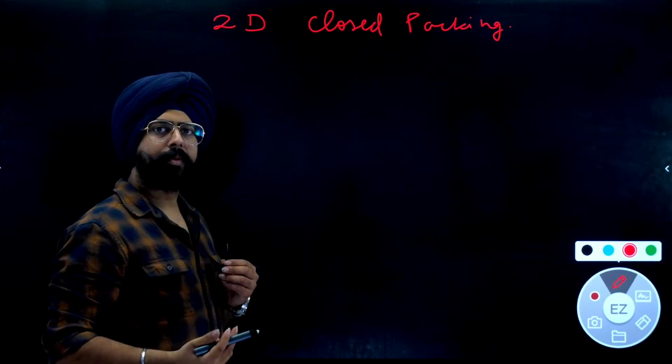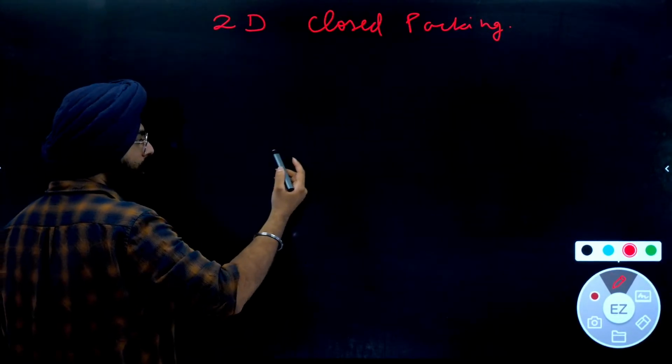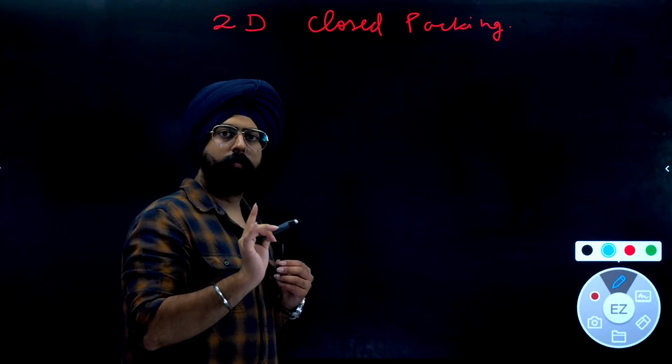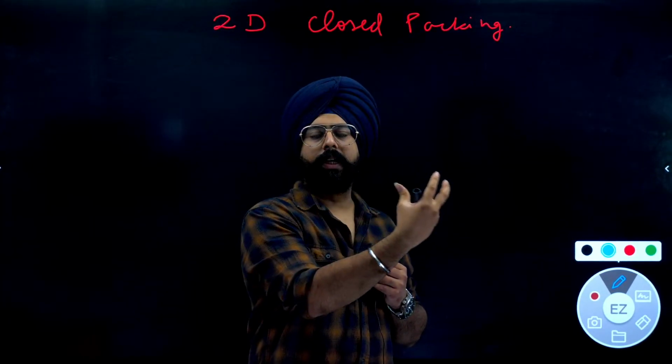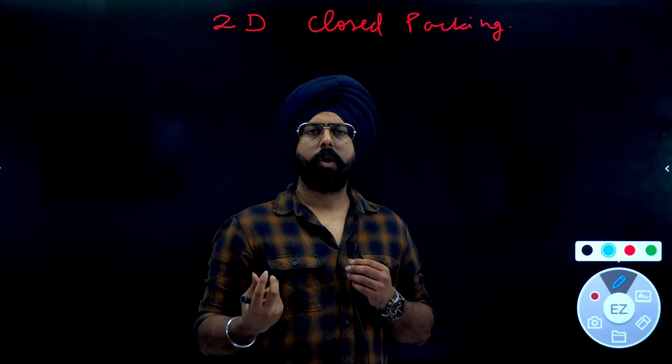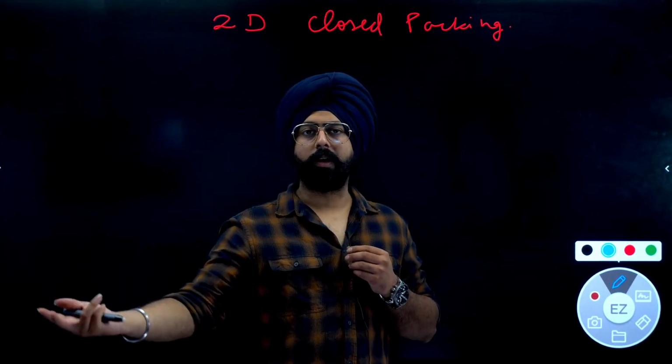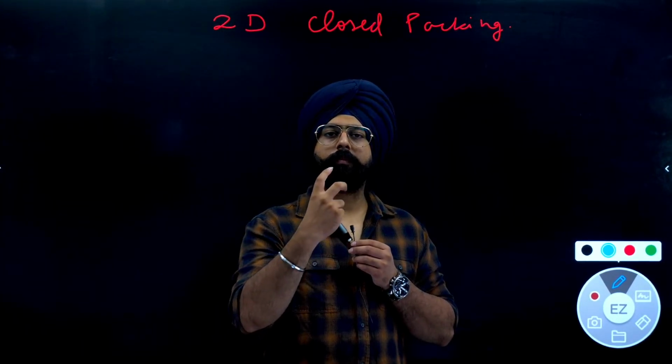Fine. Now what happens in two-dimensional closed packing is, first of all, we need to assume that all the constituents of a lattice are spheres. Okay, all the atoms or metals or ions that might be creating a solid, all of them are spheres.